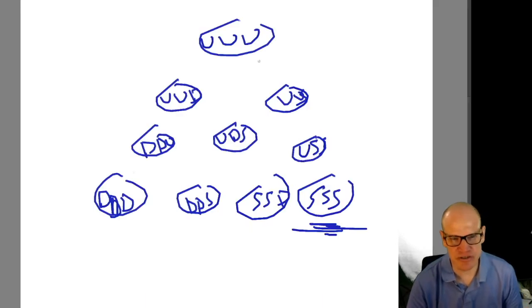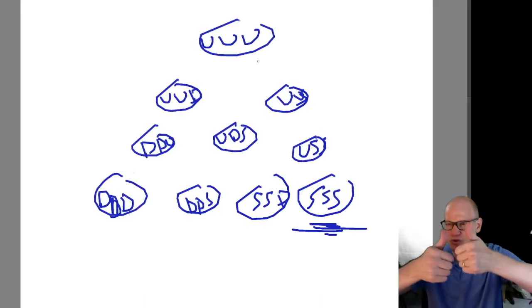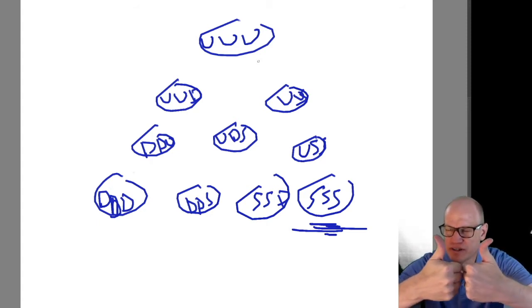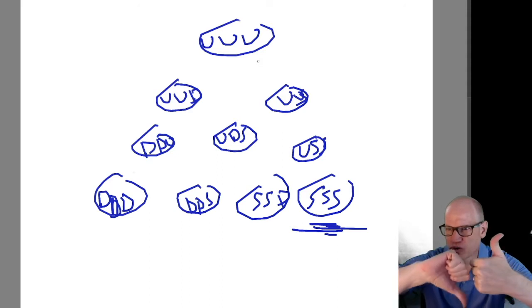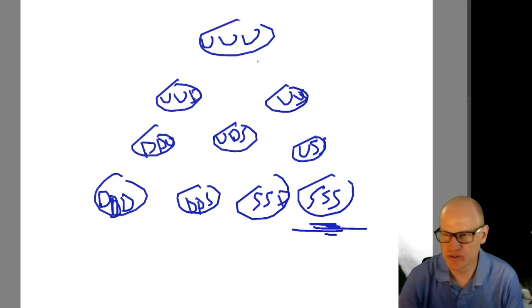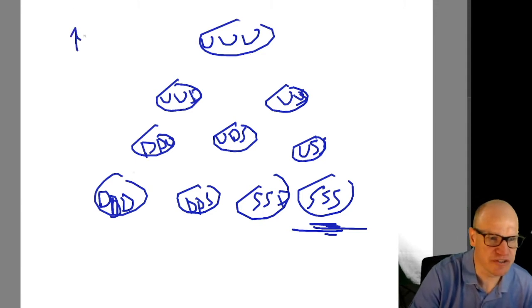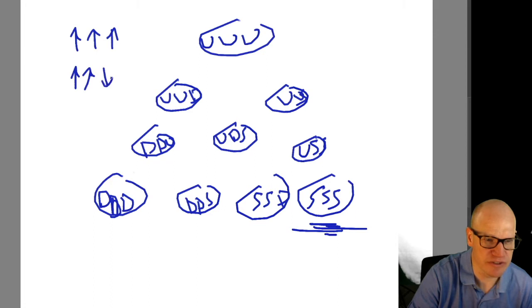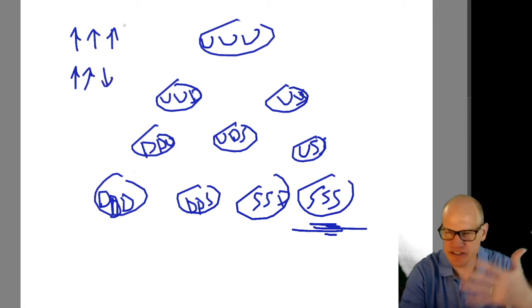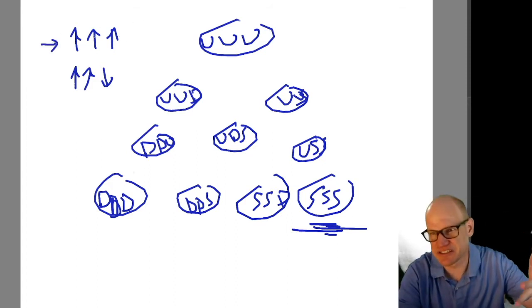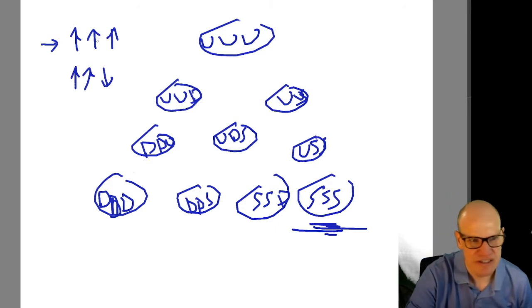In particular, if you have 3 quarks, you can have all 3 quarks pointed in the same direction, or you can have 2 quarks pointed in one direction and 1 quark pointed in the opposite direction. So each quark has a spin, and you can have 3 spin up, or 2 spin up and 1 spin down, or the opposite of that, right? You can have 3 spins down, or 2 spins down and 1 spin up, but these are the only 2 basic options. If they're all spin down, then that's essentially just a reflection of it.